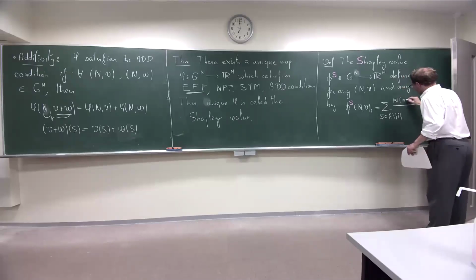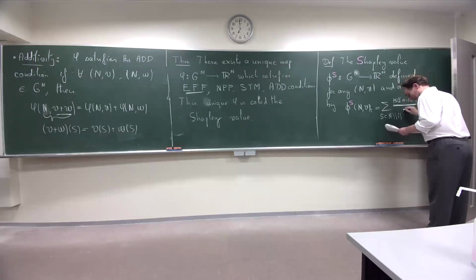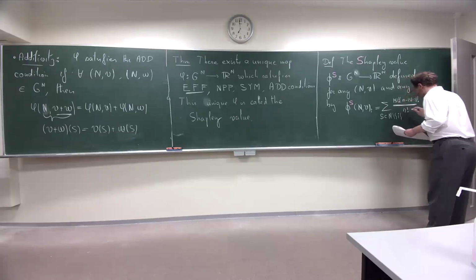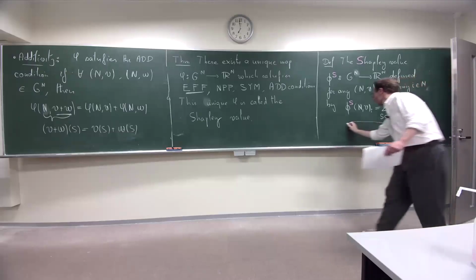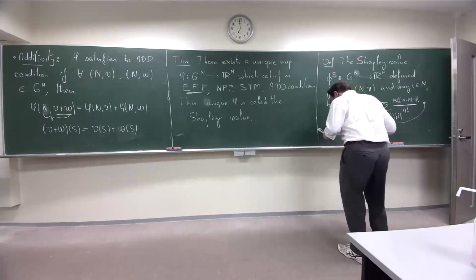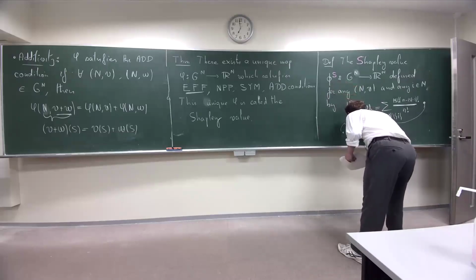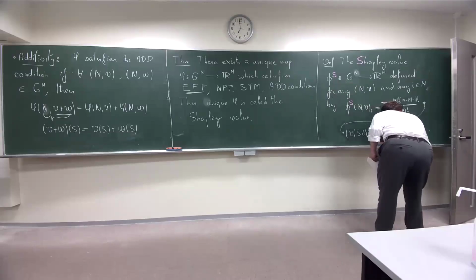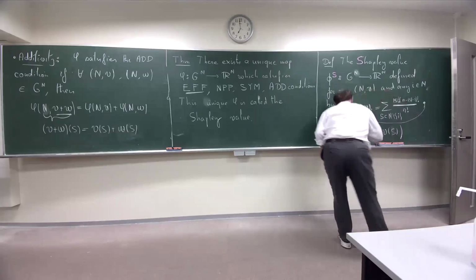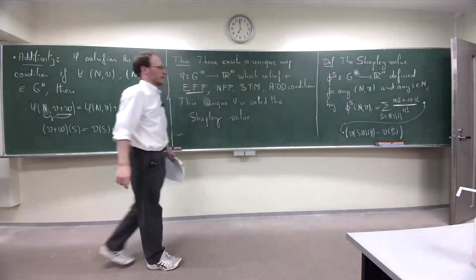It's a bit complicated, but we don't need to remember this formula. I put a times because the line is not long enough, so it's multiplication by this. Okay, this is the formula.